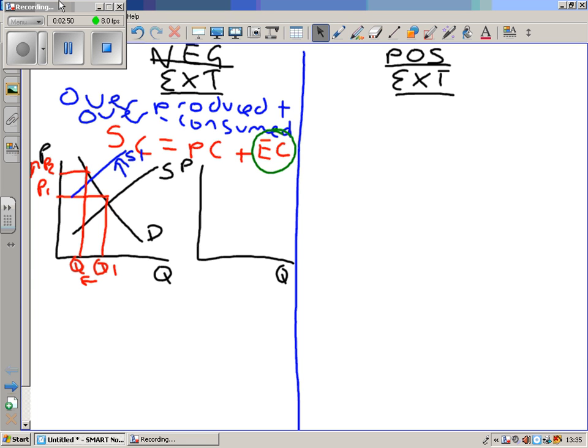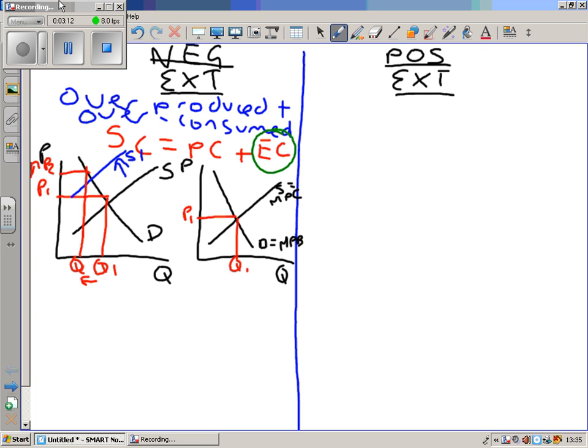If we go for the more difficult diagram, again we start with an equilibrium point. But what we have this time, demand is based on marginal private benefits, and supply is based solely on private costs. So we've got this equilibrium point P1, Q1 again.